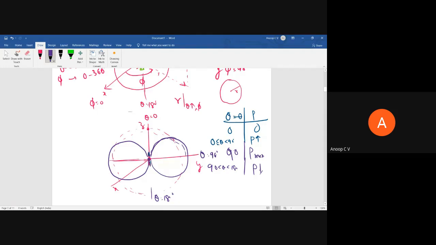So how have I drawn this? I'm measuring the power radiated, and I'm plotting it as the distance from origin. For instance, for theta equal to 45 degrees, this is the power radiated, and that power radiated is given by this distance. For theta equal to 90 degrees, this is the power radiated.